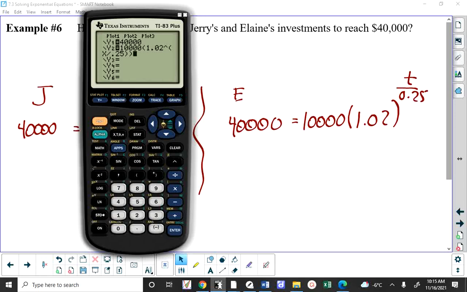Think about this for a second. Elaine's investment starts at 10,000 and it goes up. I don't know what the answer is going to be, but I do know that I have to go up to at least 40,000, and I'm going to go up to 45,000.